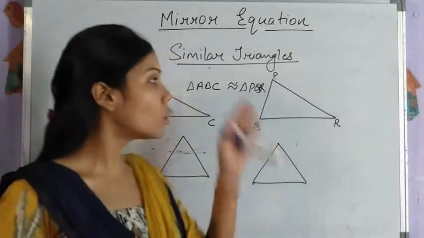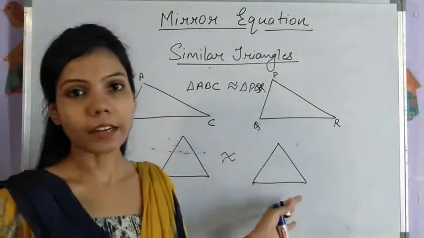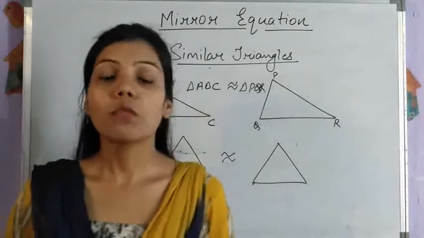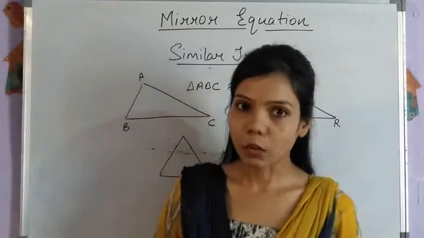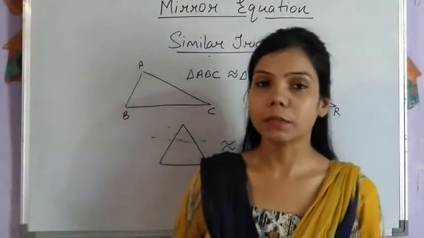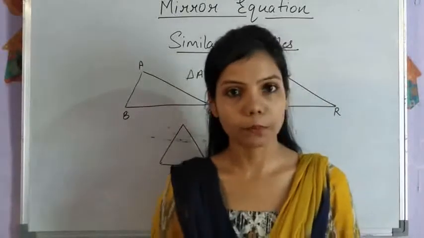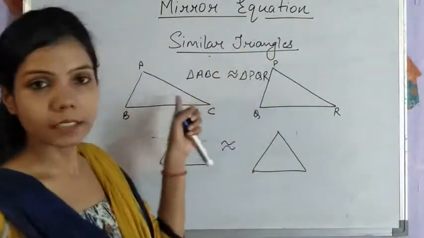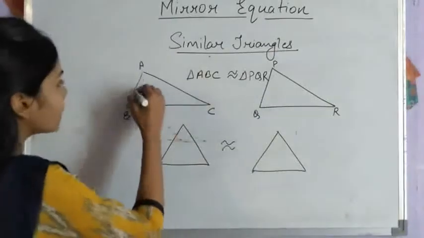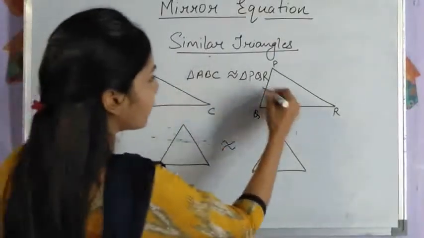So what is so special about the similarity of these two triangles? Whenever two triangles are similar to each other, the ratios of corresponding sides of these two triangles will be equal. If these two triangles are congruent or similar, then AB corresponds to PQ.